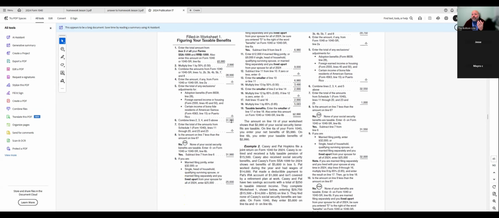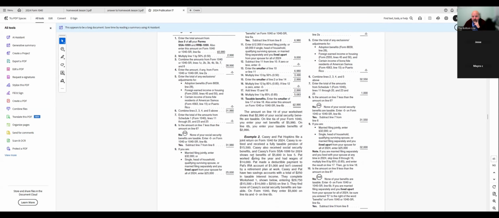Single person, that's over $25,000. So yes, so we subtract it because there's no other income here. So we subtract that, the 25,000 from the 31.